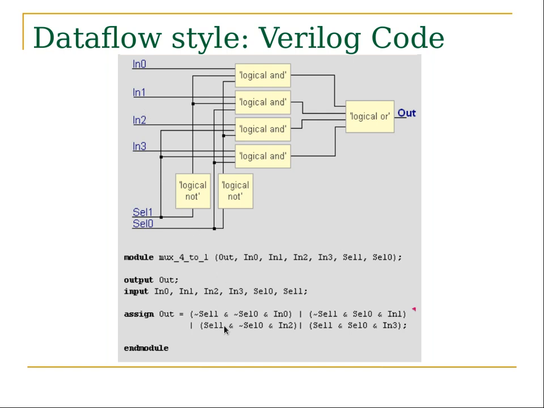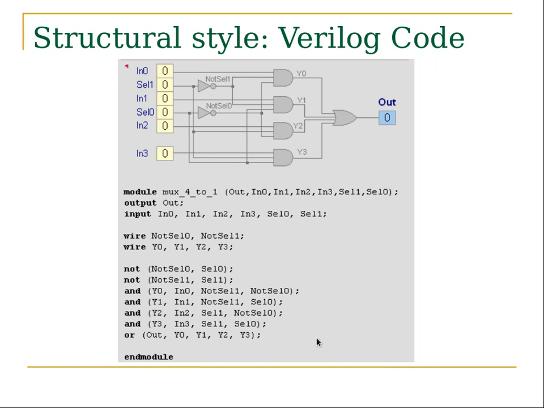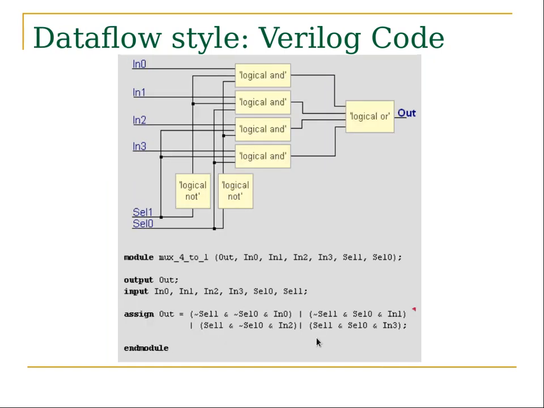The squiggle's a NOT. That's an AND. You can do parentheses to say which happens first, OR, and then et cetera, et cetera. These two are actually the same, just this one's written structurally, and this one is written via data flow, via Boolean expression. All right, everyone okay with this one down here?